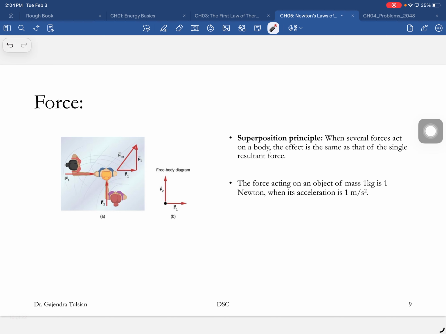The atoms on the laptop and on the table push each other, and these atoms are pushing on the laptop. That's called the normal force.